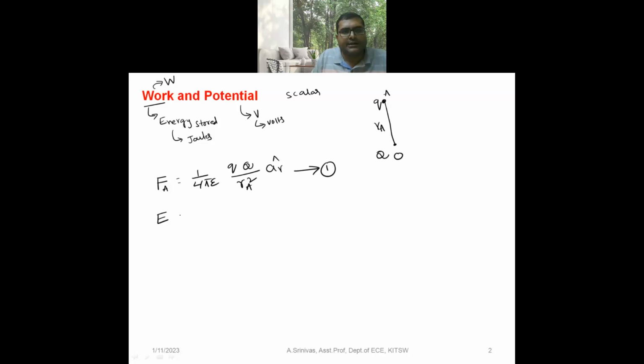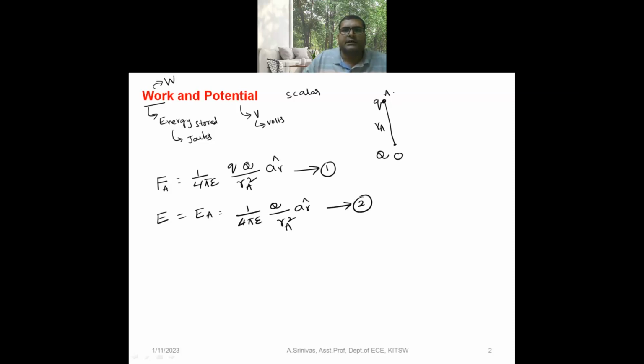And the field at A, E at A is equal to 1 by 4 pi epsilon capital Q by RA square AR cap.